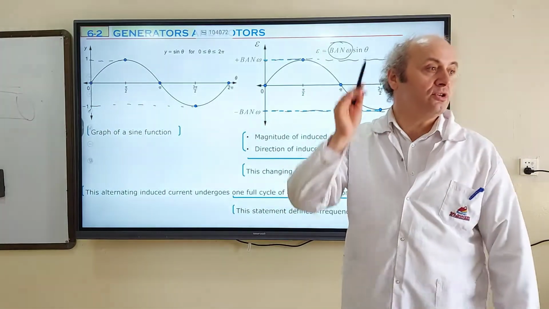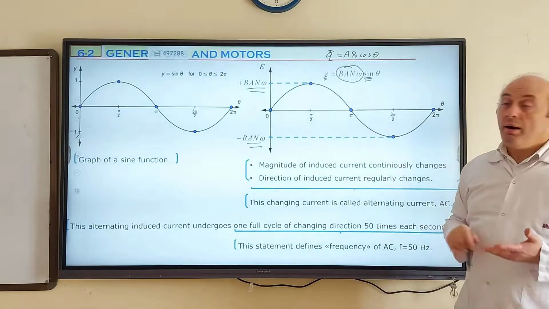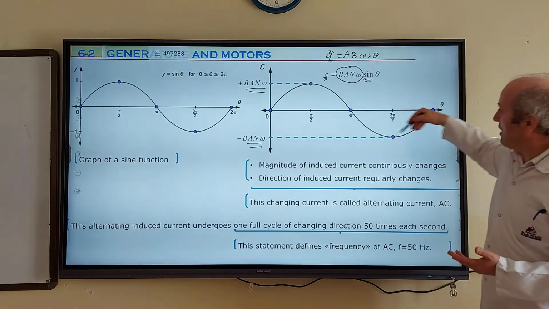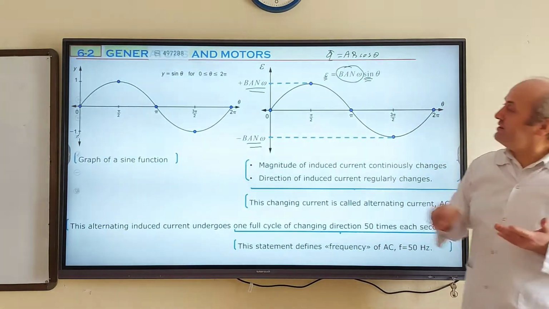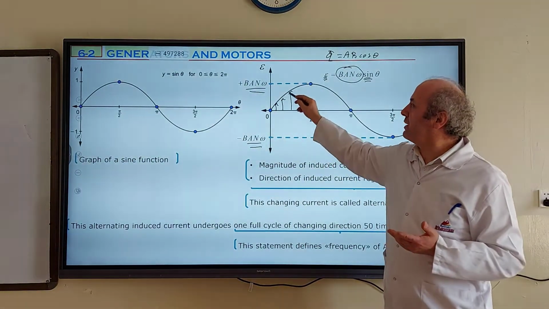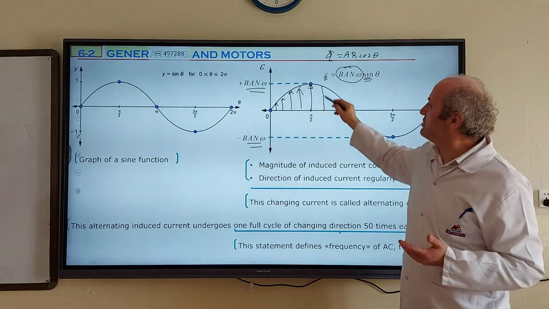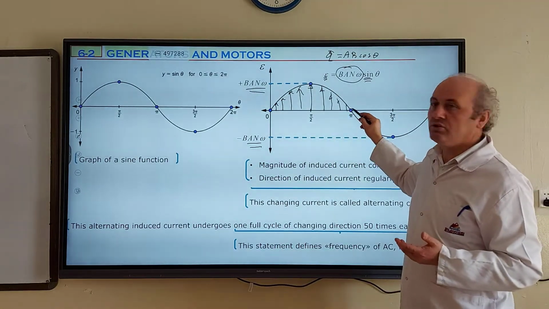Between these two values, it will change as a sine graph. As we check the sine graph, we will observe that this graph is changing in magnitude, from 0 to maximum, then decreases and becomes 0.